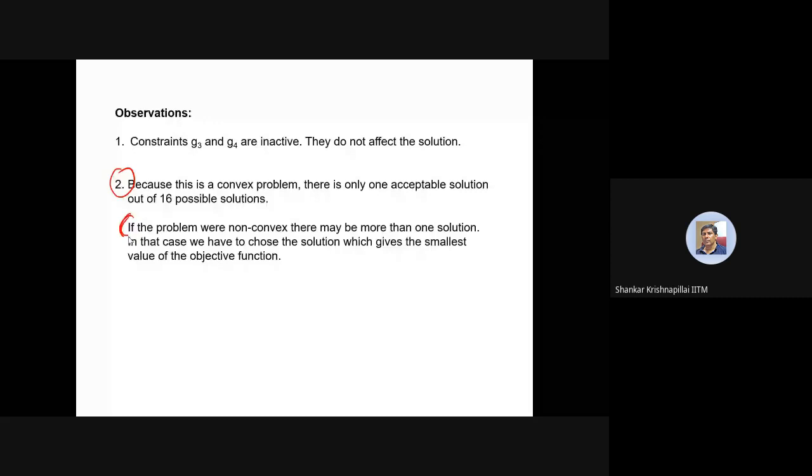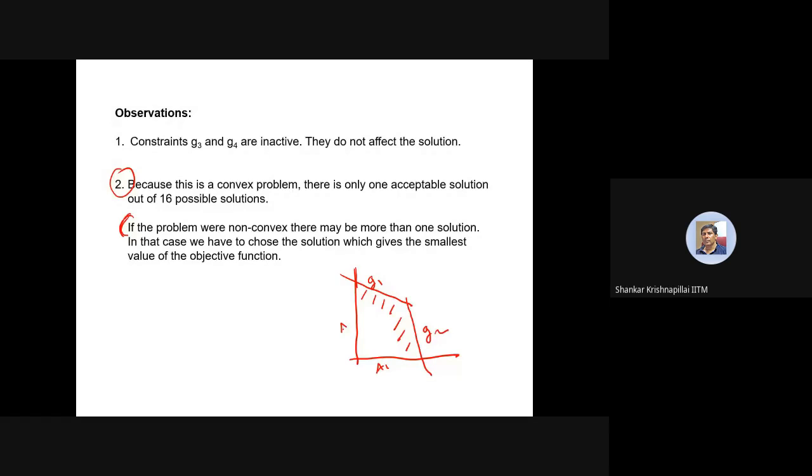In this particular problem, if you draw the feasible region, this is the feasible region. This is G1, this is G2. This is the axis of A1, axis of A2, and this is 0.